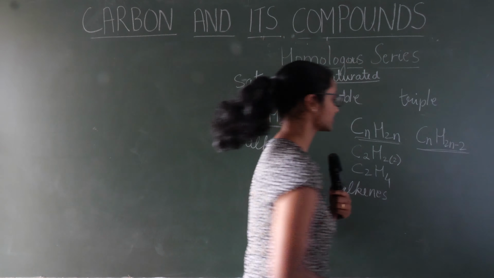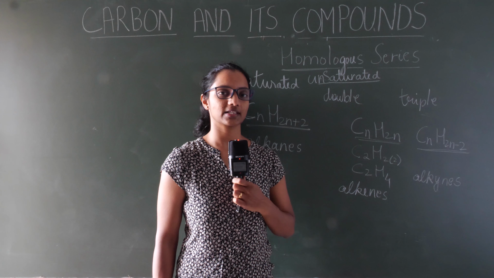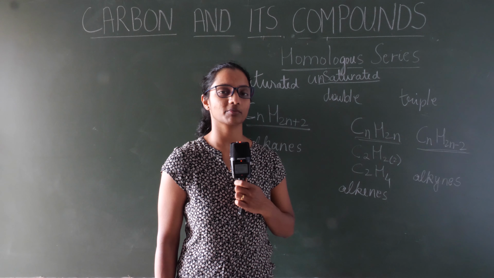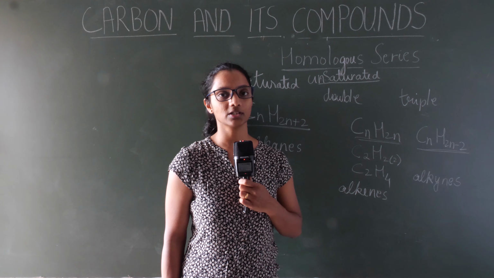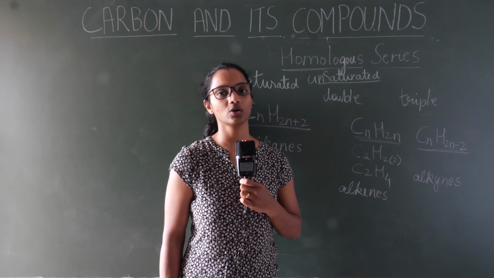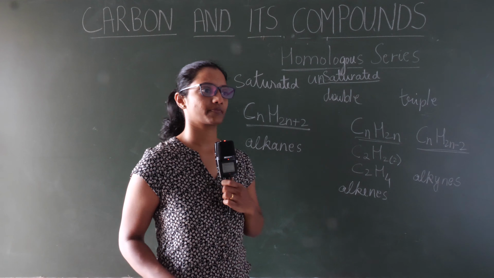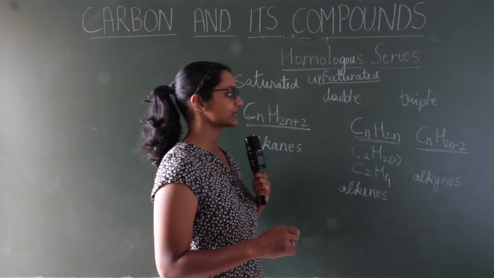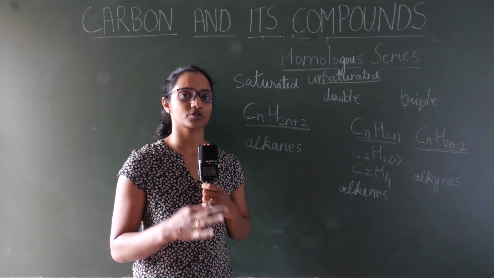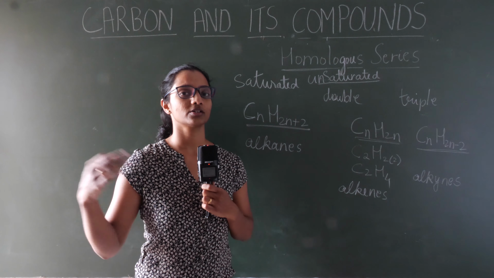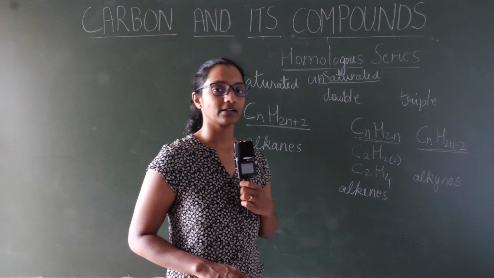So children, let me just repeat. Homologous series, nothing to get confused about. Just understand the word homologous is nothing but similar, of the same kind. So it has the carbon compounds from small to large carbon compounds, which is attached to a functional group, which I explained, like alcohol.